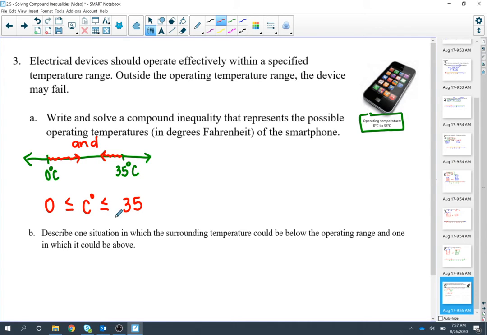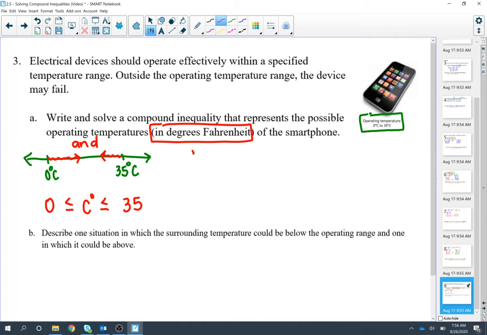So this is a good compound inequality, but it said that it has to be in degrees Fahrenheit. That's a problem. So now we have to go back through our notes. I forget which section it's in, but we have to find the formula that converts degrees Celsius into degrees Fahrenheit.